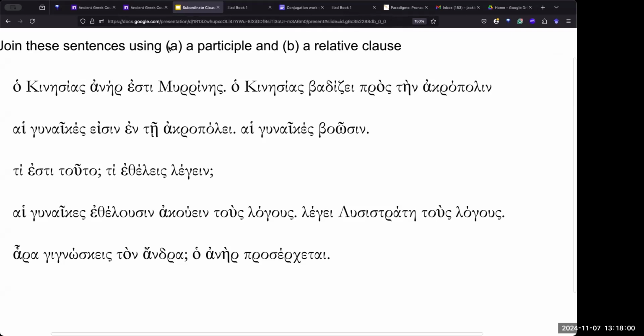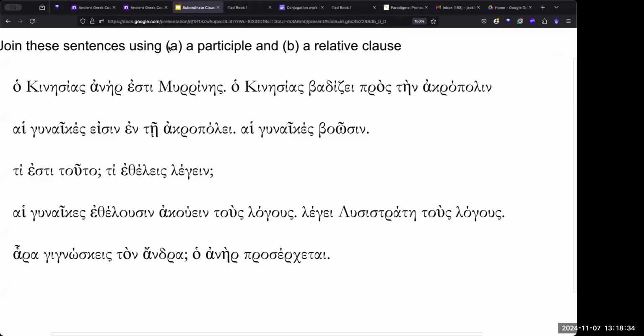Okay, so hi gunaikes, if we go this way, the women want to hear the stories that Lysistrata is telling. Then it would be what? Hey, Lysistrata lege.